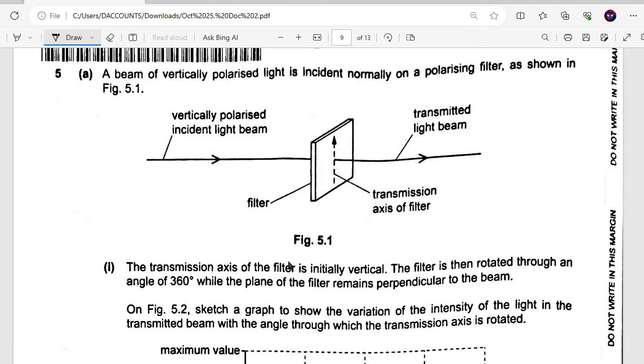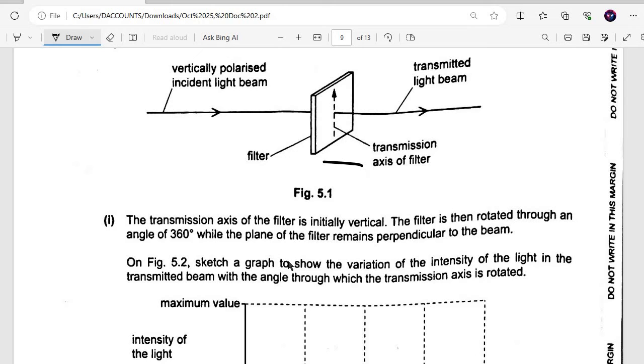Number 5. A beam of vertically polarized light is incident normally on a polarizing filter as shown in 5.1. The vertically polarized incident light beam, you can see it, is transmitted along the axis of transmission. So the transmission axis of the filter is initially vertical.